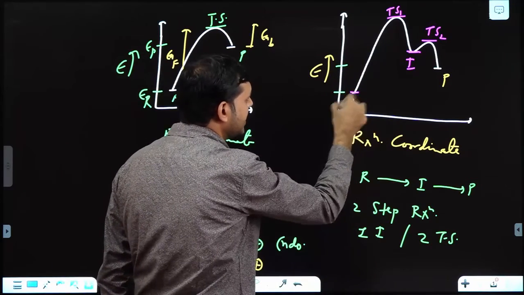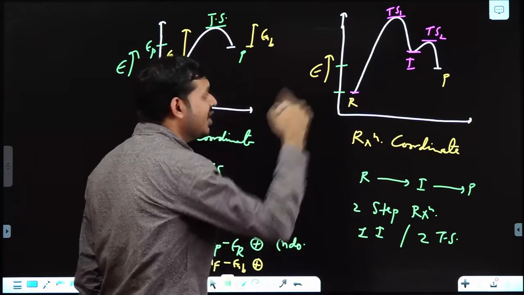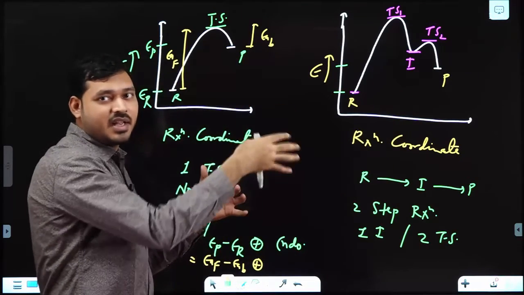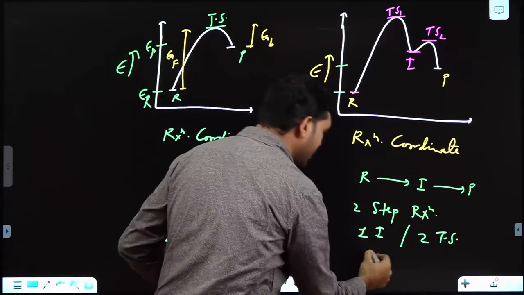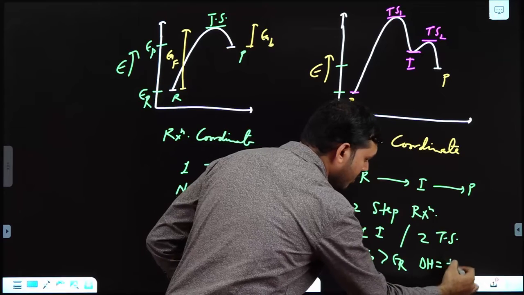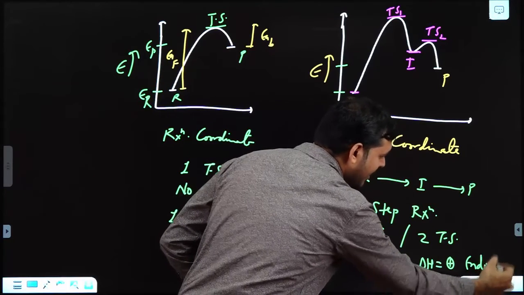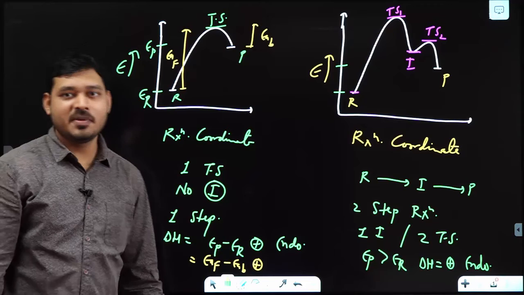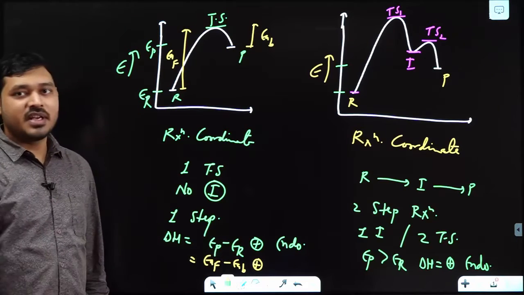Energy of reactant is lesser, energy of product is higher, so it is endothermic. Energy has increased. Okay. So EP greater than ER, delta H positive, the reaction is endothermic. Clear to you all? Okay. So I think you must have understood about this.